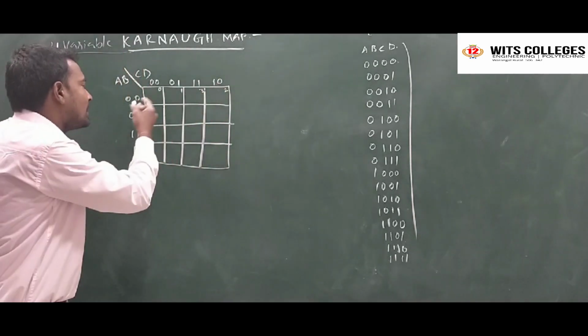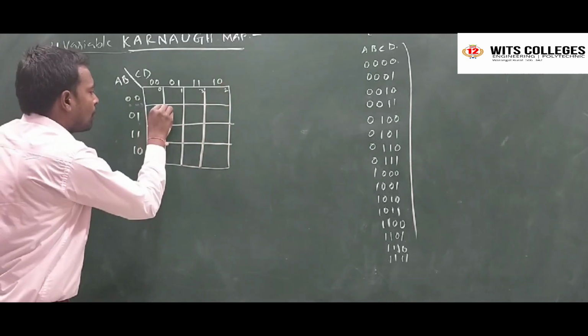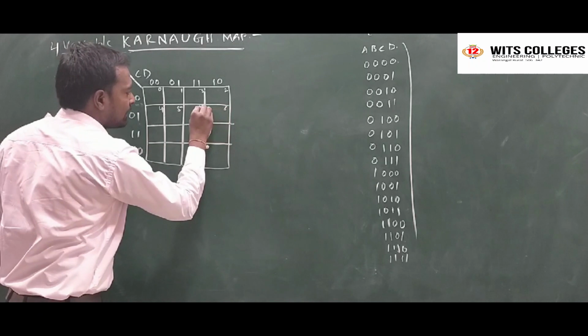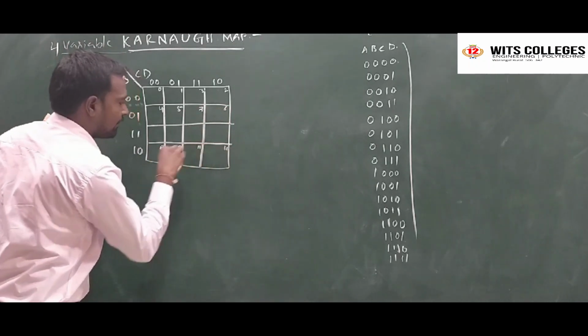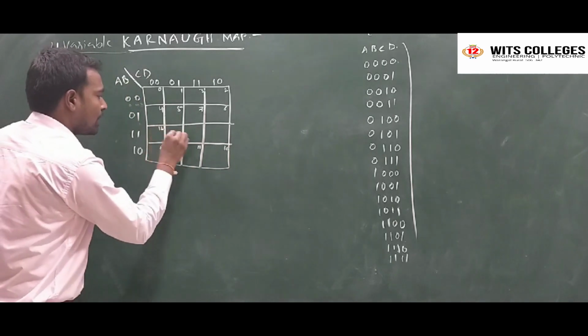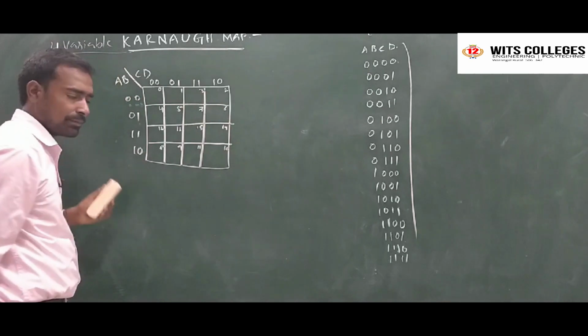Similarly, the equivalent binary digits will give us 4 5 and 6 7 and 8 9 10 and 11, next 12 13 14 and 15.